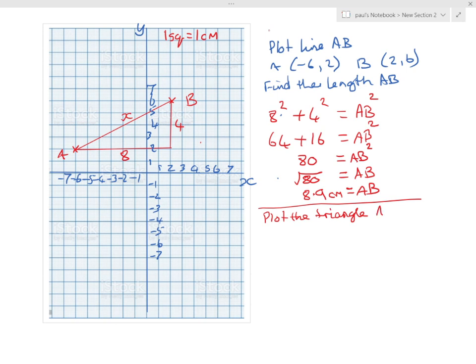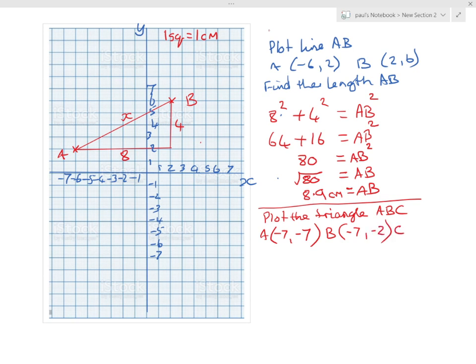Now the next bit we can do is plot the triangle, we call it ABC again, yeah? We could have also done it on the triangle that we've already done. That would have saved a lot of bother, wouldn't it? Triangle ABC. So A is minus 7, minus 7. B is minus 7, minus 2.